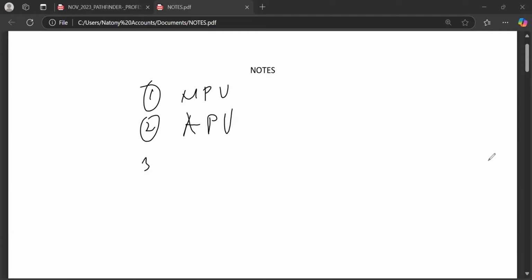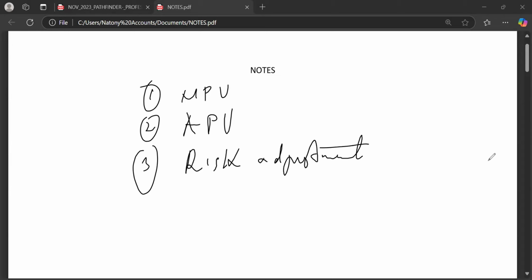The examiner may decide to give you NPV in another way, where you now have to do risk adjustment, an adjustment for risk. This is where you will have your beta of asset, beta of equity, and all of that. So these are the basic three forms it may come in.